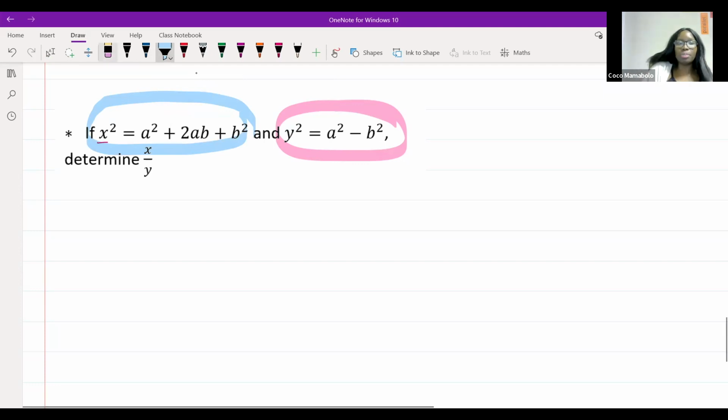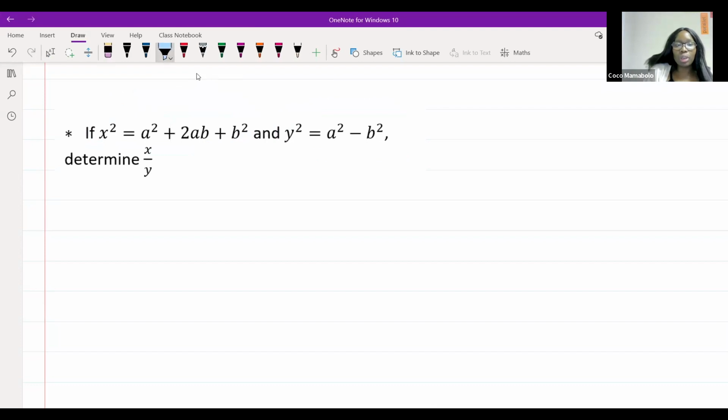Good. But now we also need to contend with the fact that what we've got here is an x and a y, but in the question they've given us x squared and y squared.